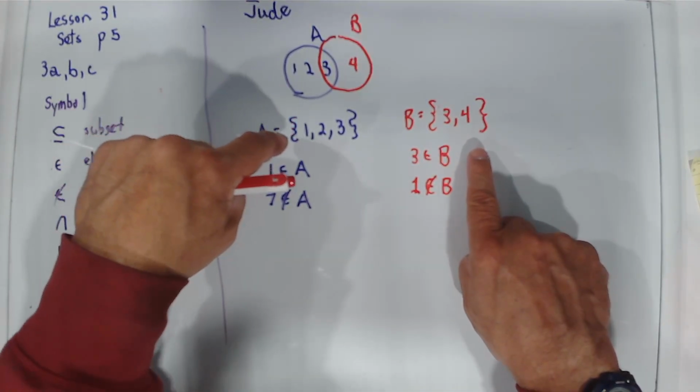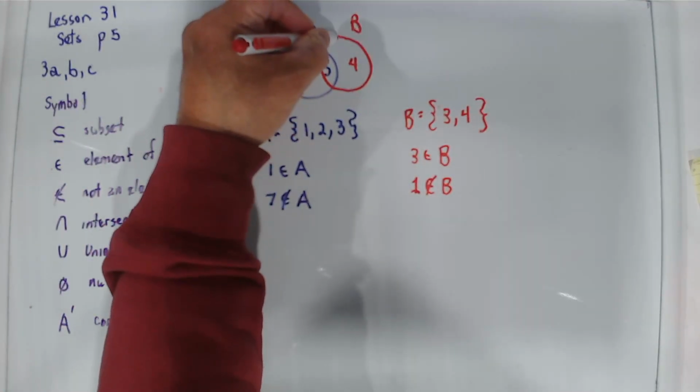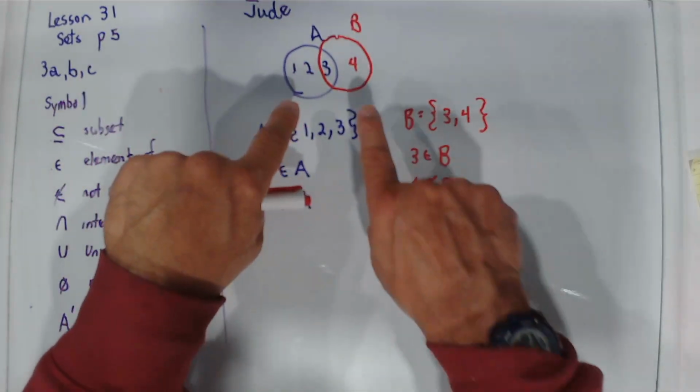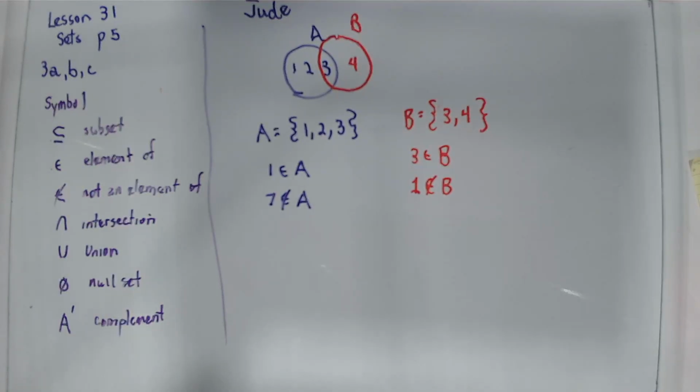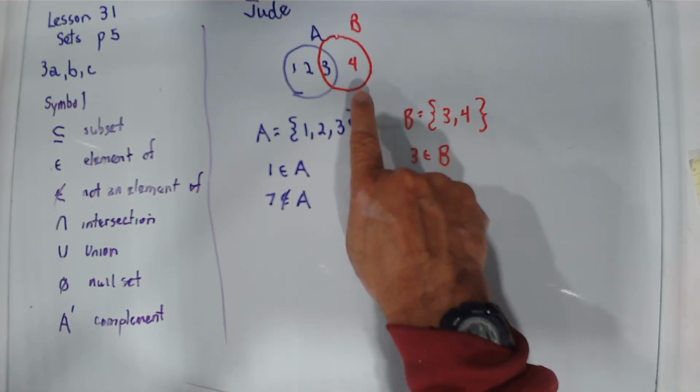1 belongs to A. Now, there are a lot of things that you can talk about when you're talking about these two sets. Now, let's say I want to know what are the elements if I combine A and B. So if I combine A and B, you're going to see it's 1, 2, 3, and 4.